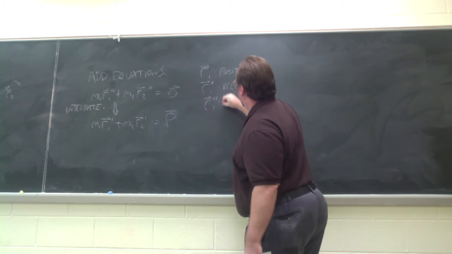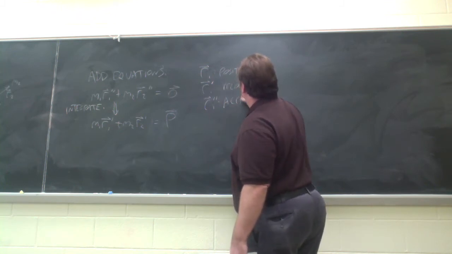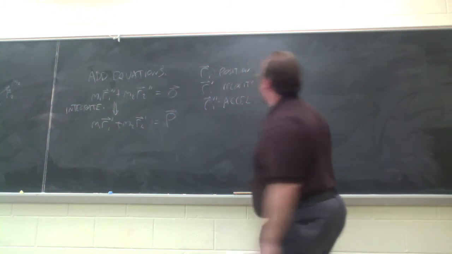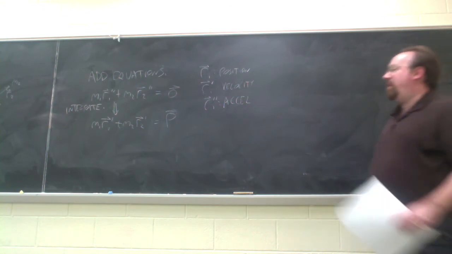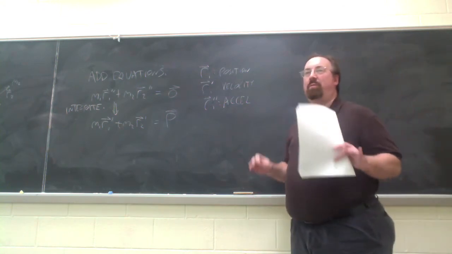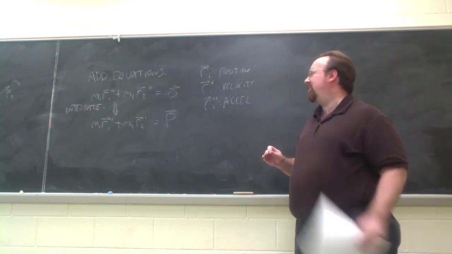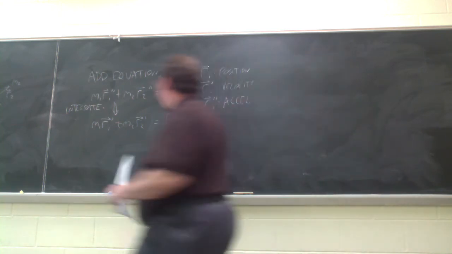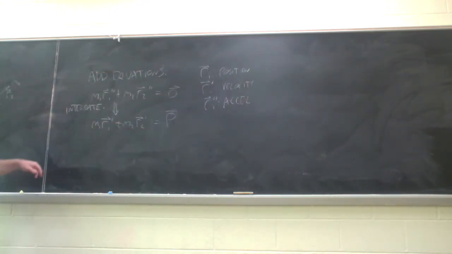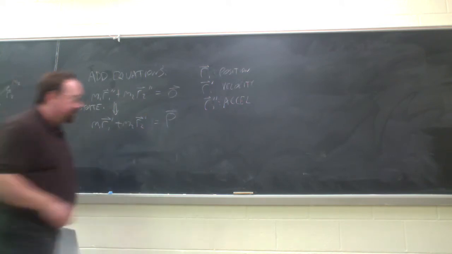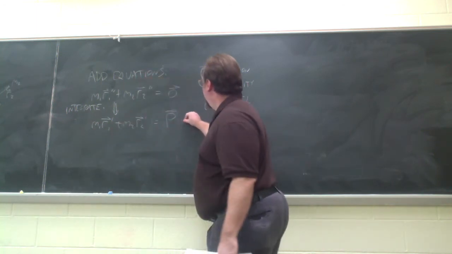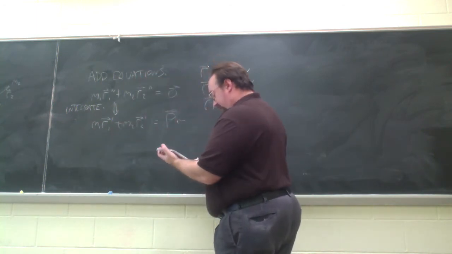Now, this is a test of who remembers little tidbits from physics. What we have here is mass times velocity. What does that refer to? Momentum. So this vector p is the constant.